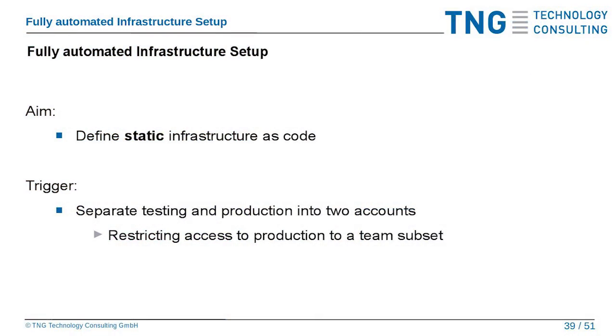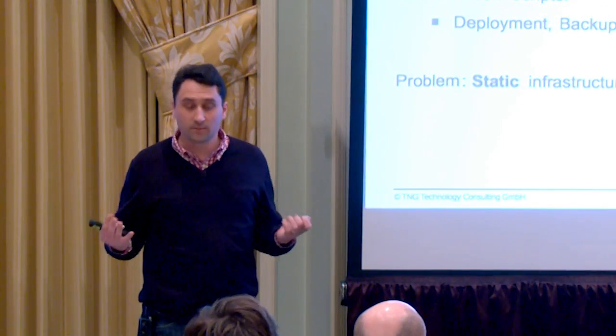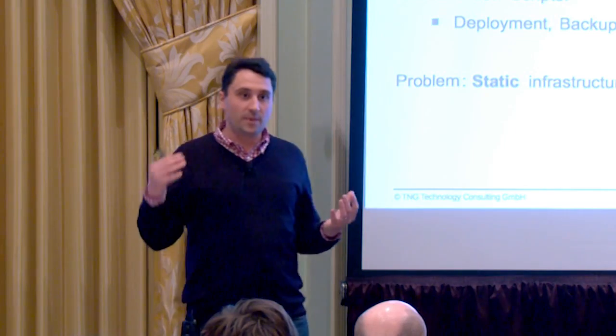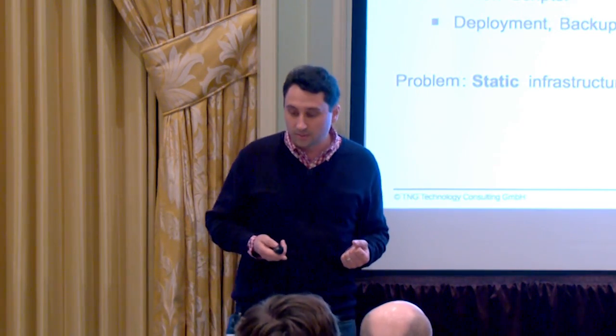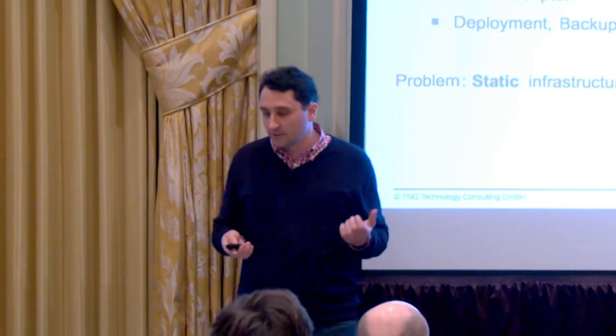And we thought quite a bit about whether we should do that with Salt or not. Salt was quite nice to do infrastructure setup and reconfiguration during deployment, and it was also quite easy to embed that into a more complex deployment. But we felt that for static infrastructure it's not so suitable.